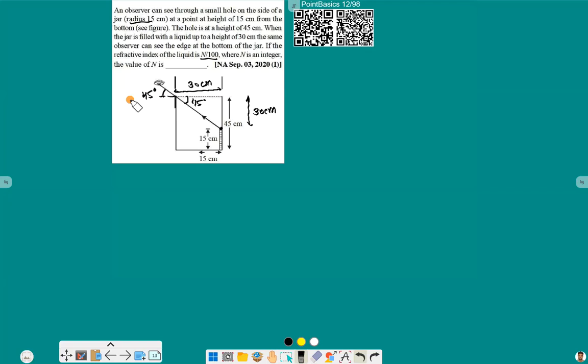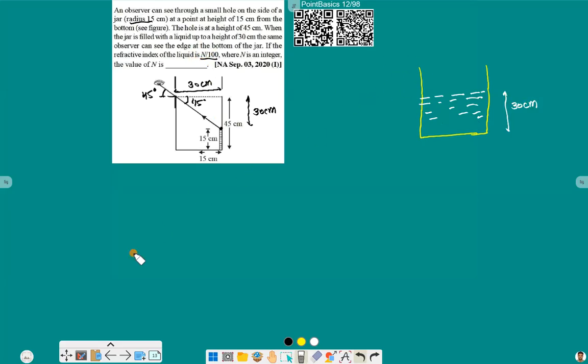Now, coming to when the jar is filled, our jar will look like this. Suppose this is our jar, and now it is filled up to 30 centimeter. So this is 30 centimeter, and as mentioned, the bottom is visible.